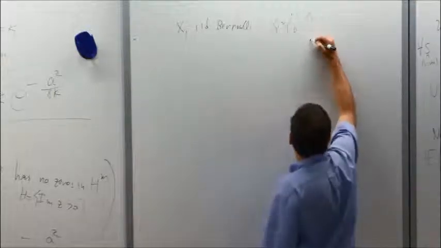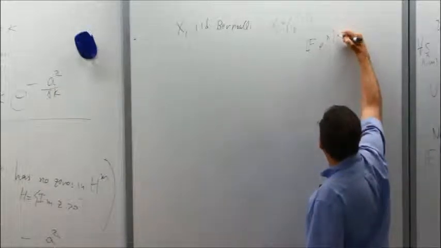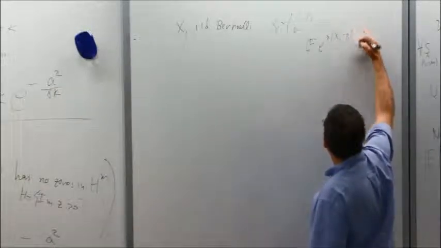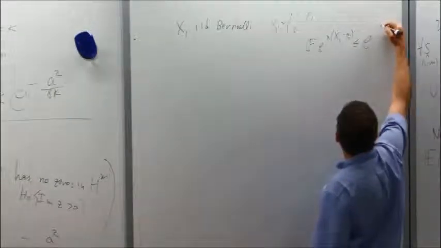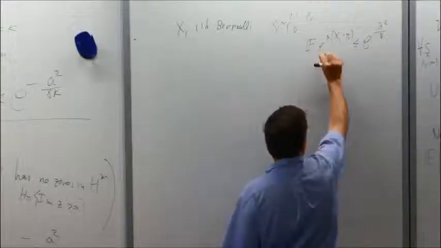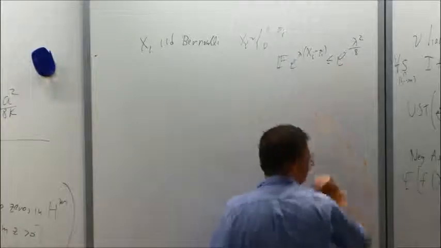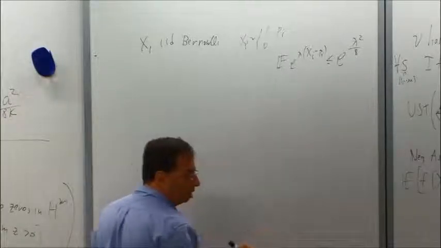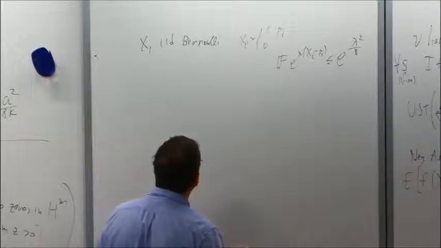We first observe the expectation of e to the lambda (xi minus pi). This is the usual e to the lambda squared over 8. This expectation is just an average of two numbers. This is the classical Hoeffding inequality for this two-point distribution.